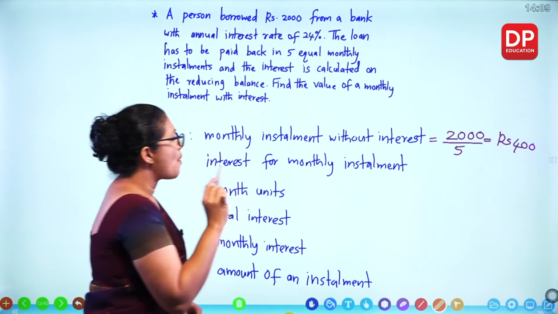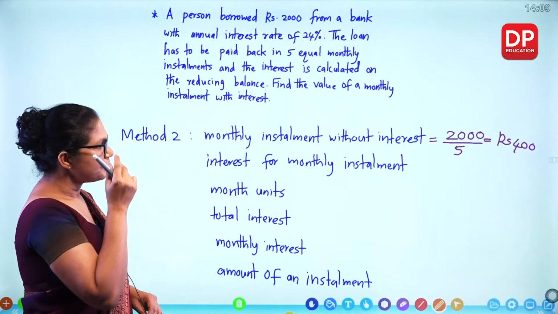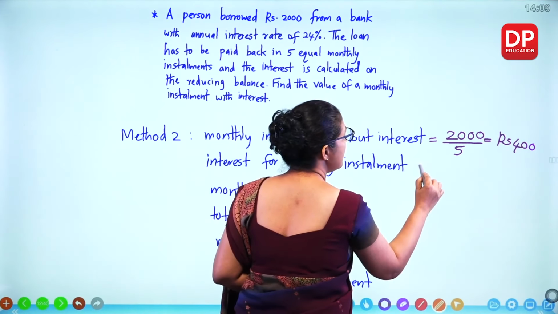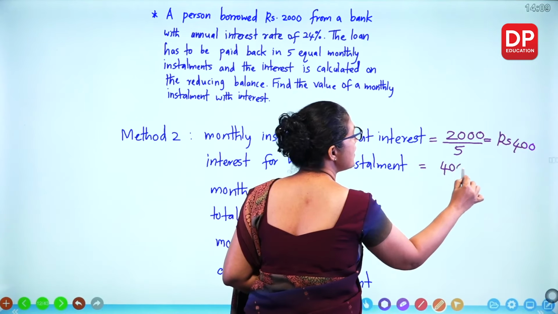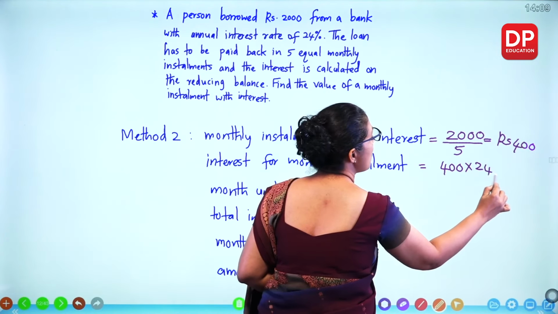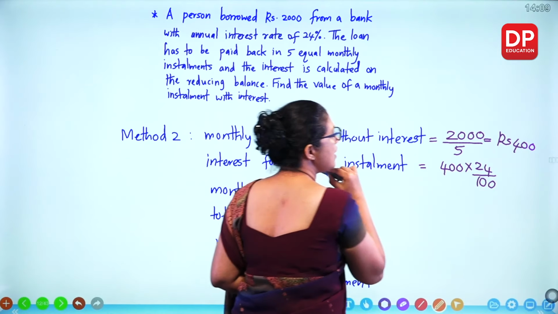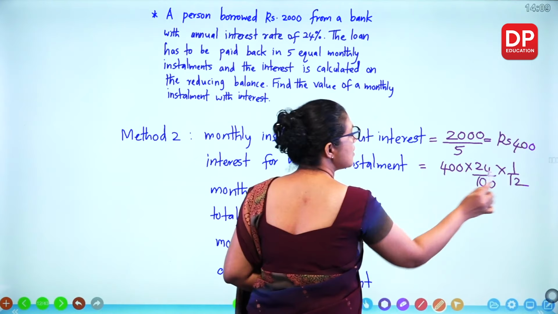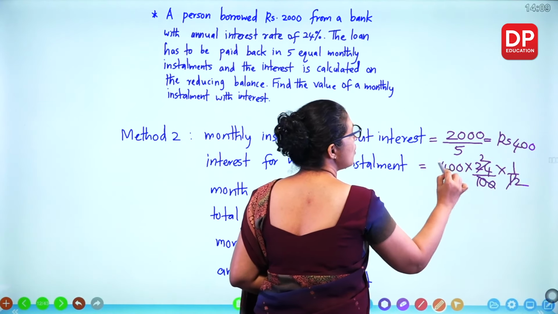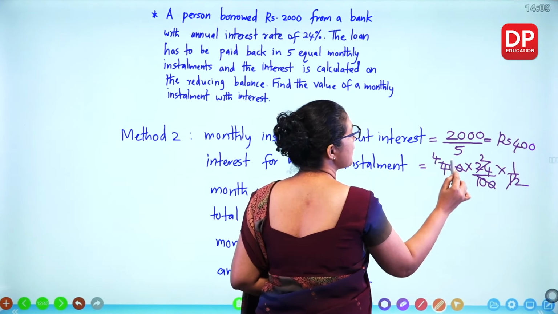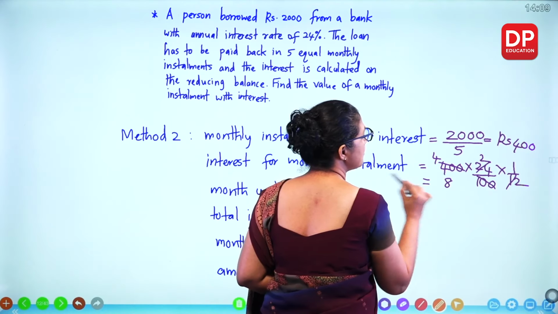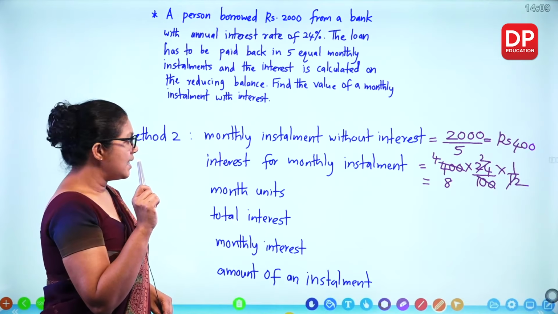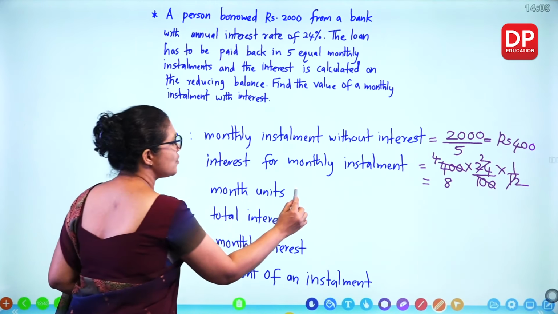And the interest for the monthly installment, you are calculating for 400, 24% interest, and this is monthly, 1 over 12. So 12 times 2, you need to pay 8 rupees for the monthly installment.